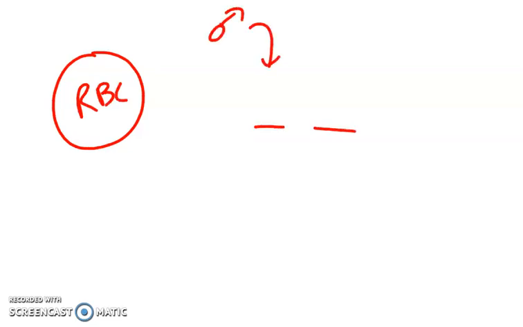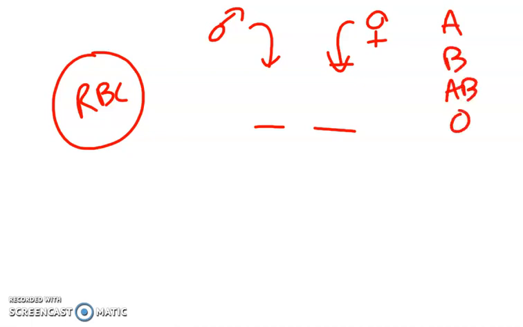So now let's go ahead and go through this. If I have a red blood cell, and I know Dad can give me a gene for my blood cells, and I know Mom can give me a gene for my blood cells, okay? And I know there's 4 different types. There's A, B, AB, and O. Well, what happens if they're different? What if Dad gives me an A and Mom gives me an O? Well, this is where you got to do some simple genetics.